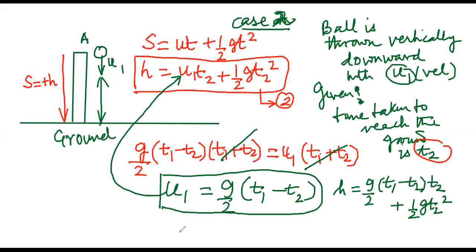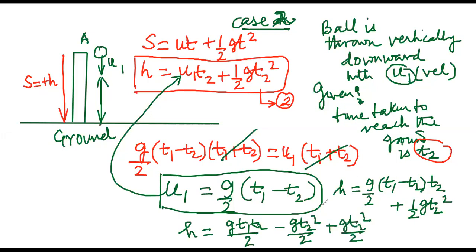If you solve it, you will get something like this. Just calculate on your own. You will get g t1 t2 by 2 - g t2 square by 2, and g t2 square by 2 was already there, so we can easily cancel this.